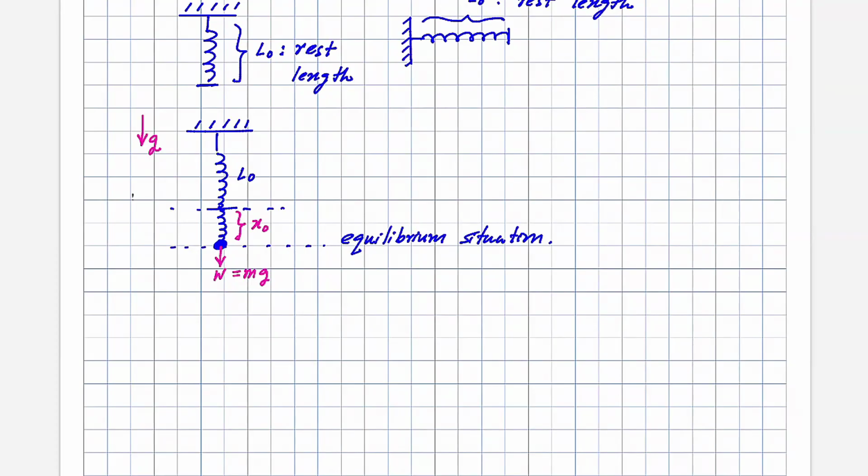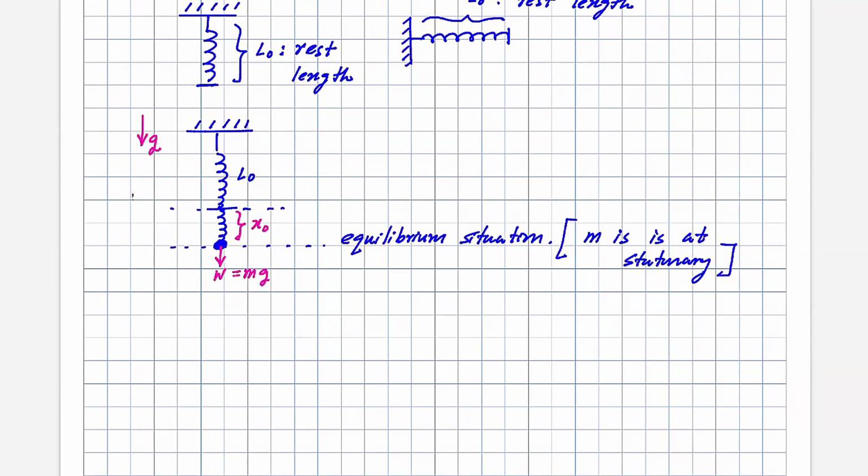Stationary position means that mass M is not moving, right? So at the equilibrium situation, the mass is not moving. It just dropped down because of the weight, and that extension is x0, and then it comes to an equilibrium situation.